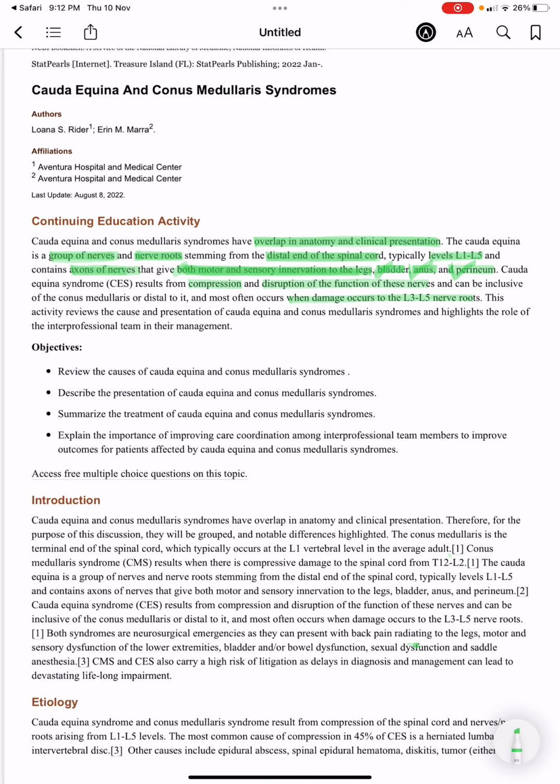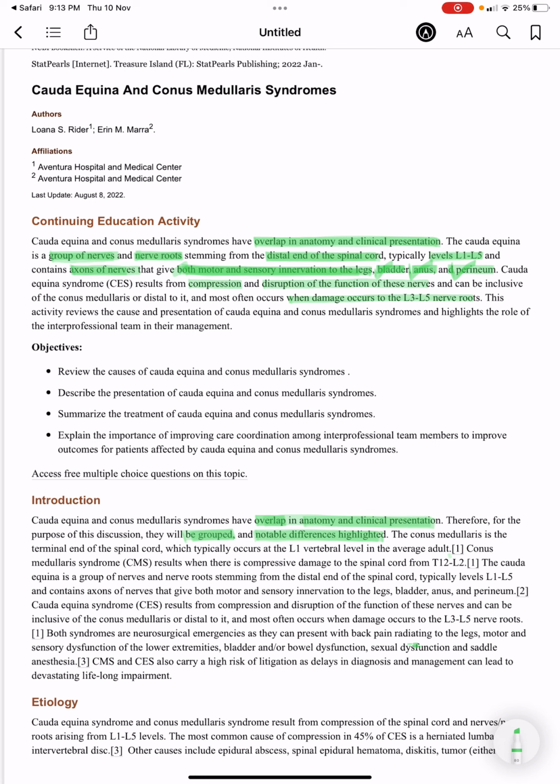So we will go into the details of the Cauda equina and Conus medullaris syndrome. They have overlap in the anatomy and clinical presentation. So for the purpose of this discussion, they will be grouped and notable differences will be highlighted.